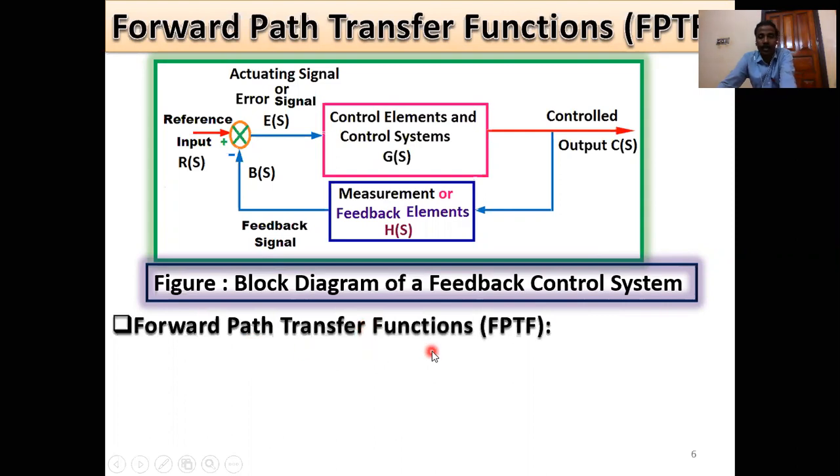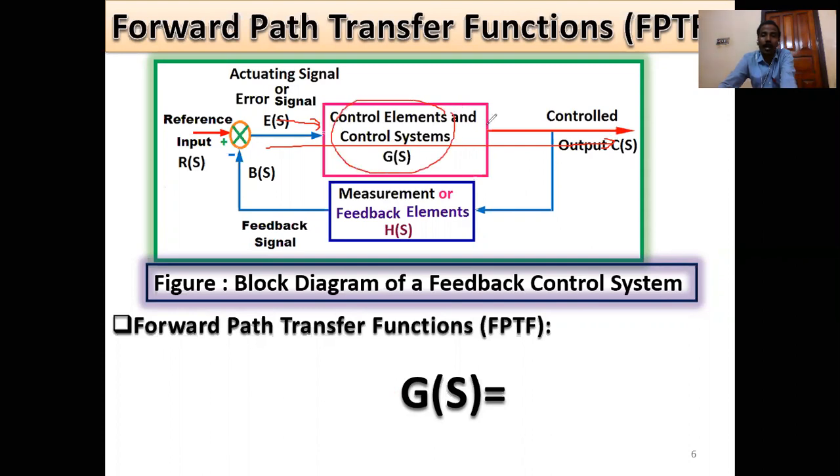Then forward path transfer function, FPTF. What is forward path transfer function? This is the forward path: just this section, the input section, the corresponding operation, and after the operation, the output.